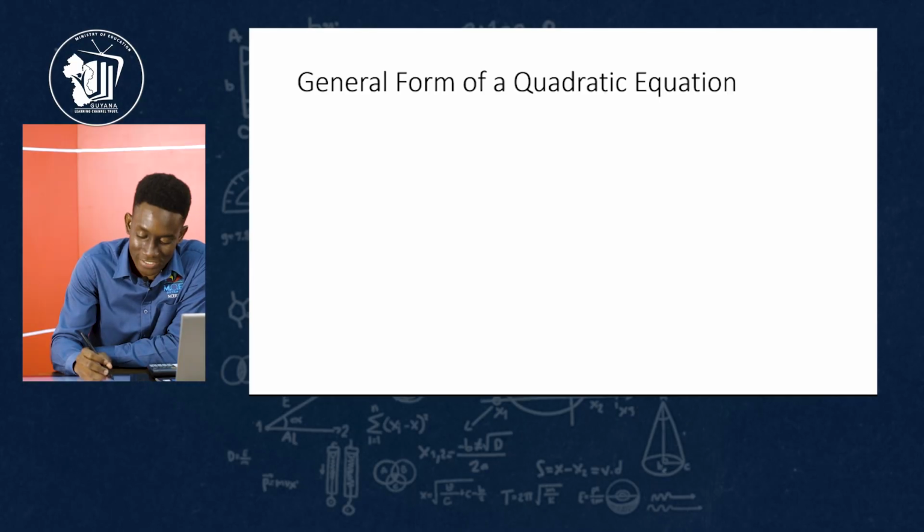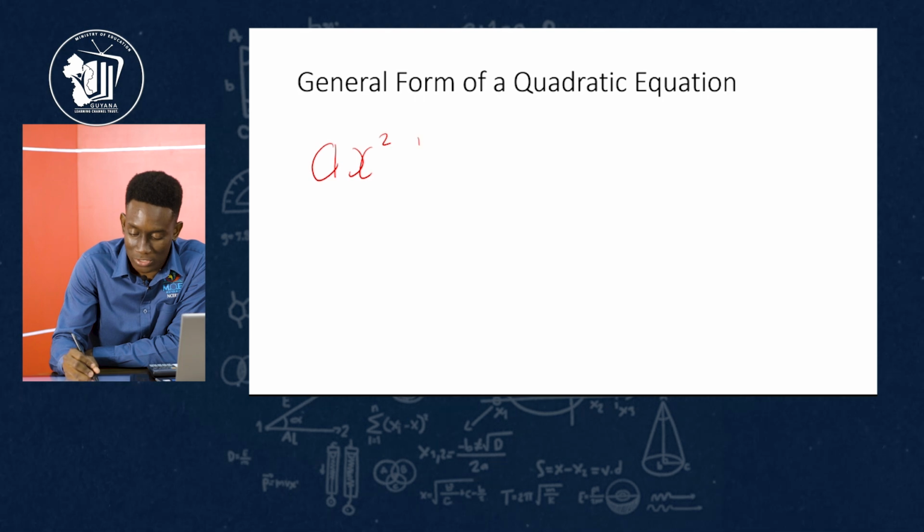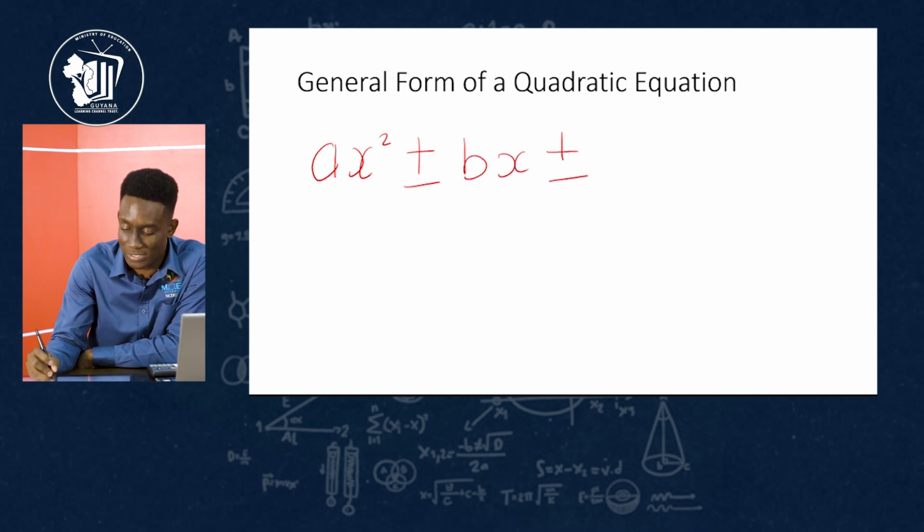So let's recap what we know about quadratic equations. The general form for a quadratic expression is ax squared plus or minus bx plus or minus c.